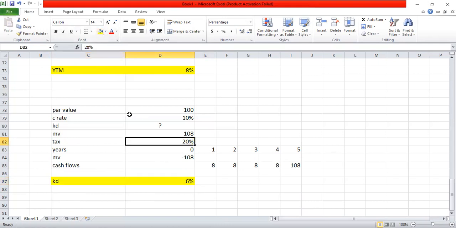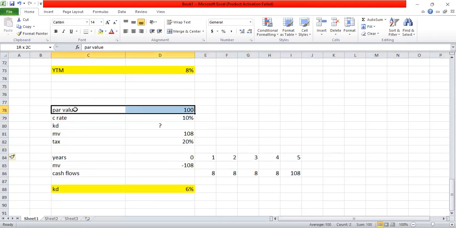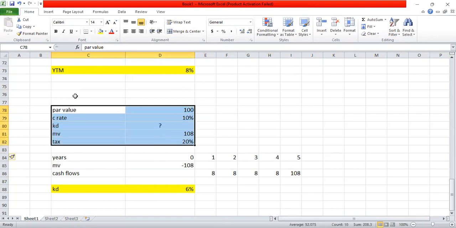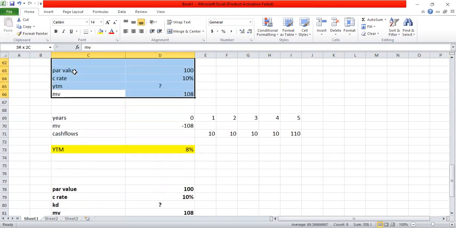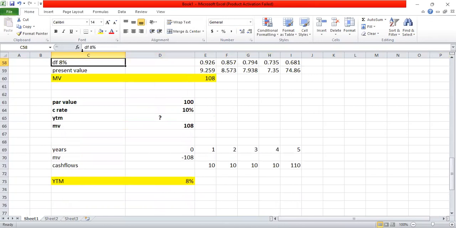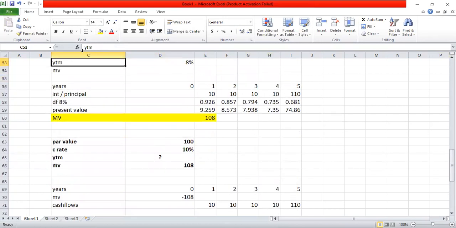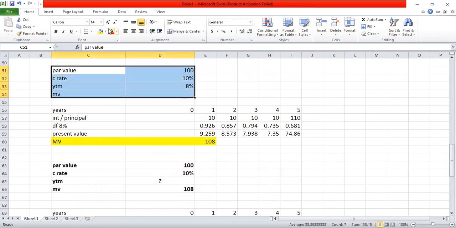So guys, up to this point, what we have done, we have gone through the various calculations for the cost of debt, for the YTM, and for the market value of the redeemable bond.